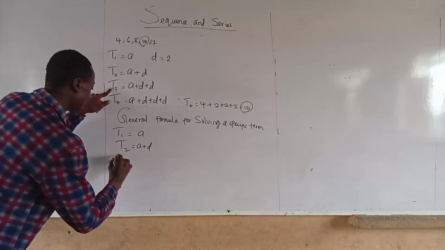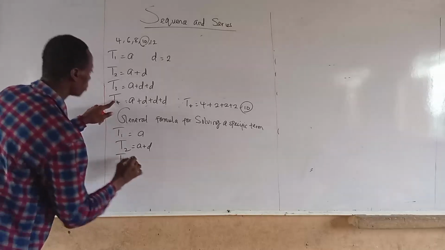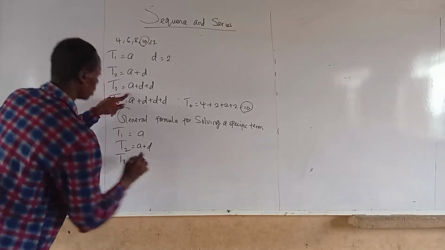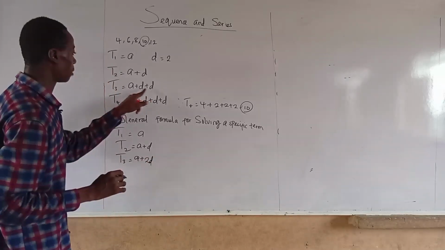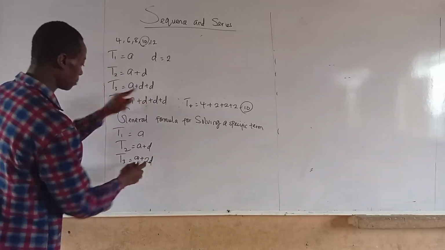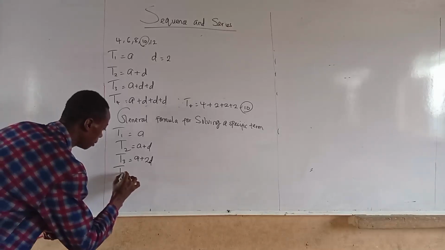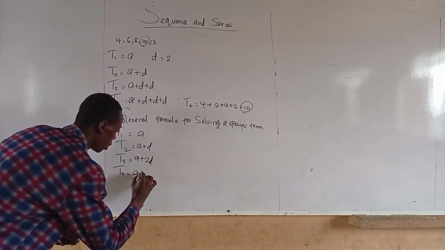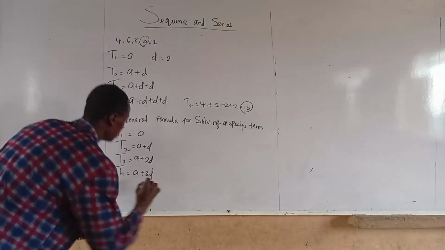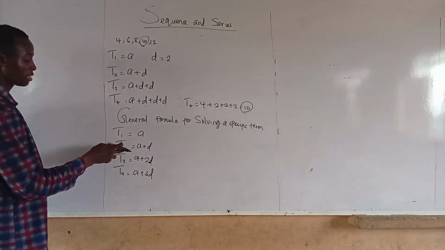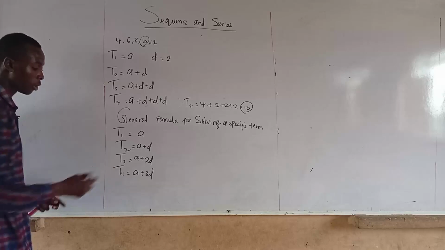But here our T3 will be equal to A plus 2D. They are common terms, they are the same thing, so we are going to add them together. So our fourth term is A plus 3D. Now this is the formula for solving second term, third term and fourth term.